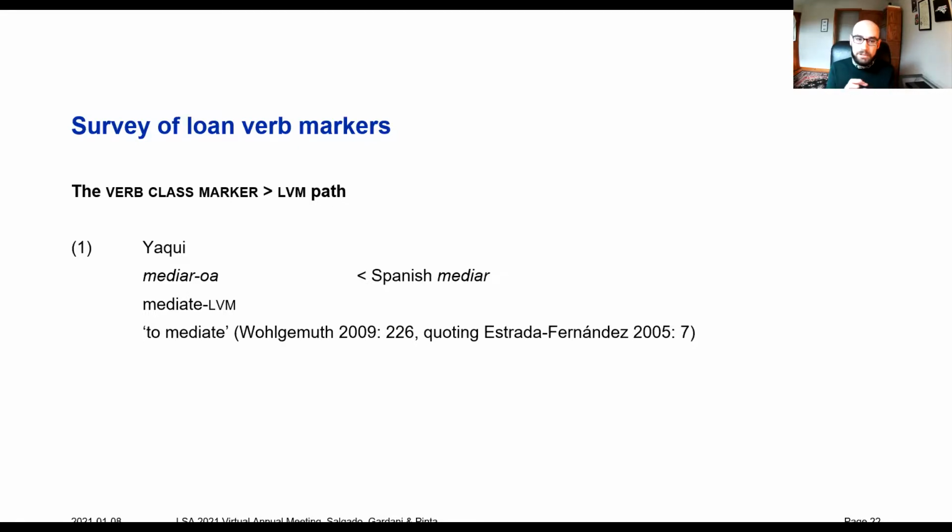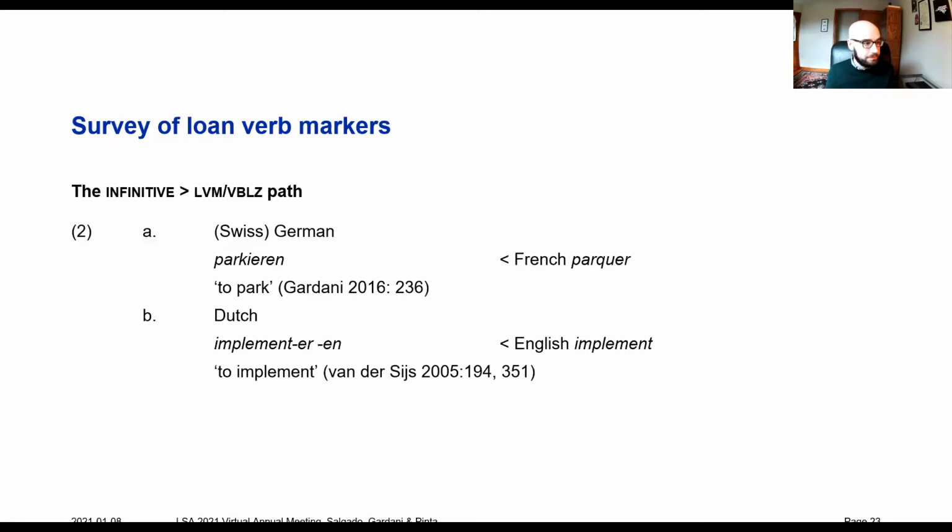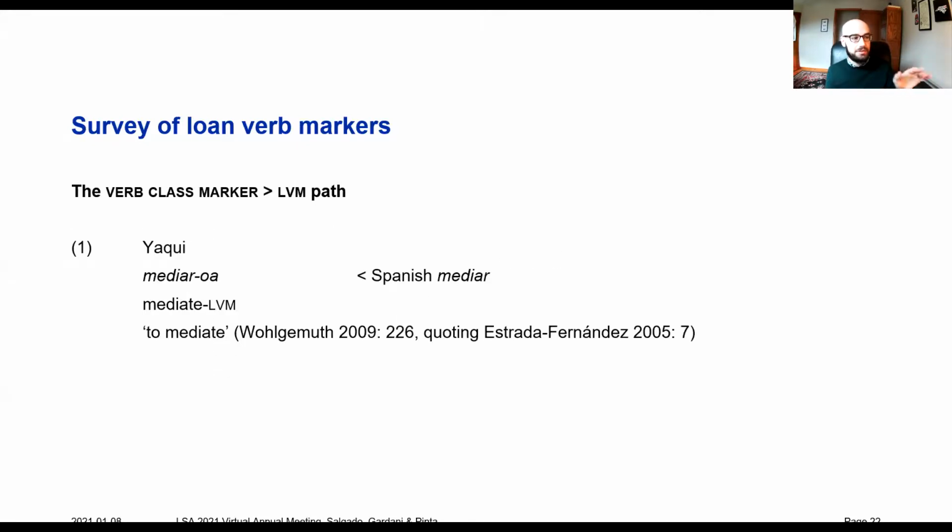And then upon that regularization, it was available for use for other languages as well, which is what we see here in example one, a Spanish verb which was borrowed into Yaqui, and it was marked with this Nahuatl source morpheme, just to mark it as a foreign element. This is the verb class marker to loan verb marker path.